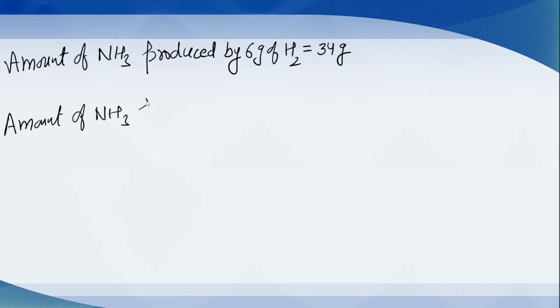The amount of ammonia produced by 6 kg of hydrogen is equal to 34 kg.